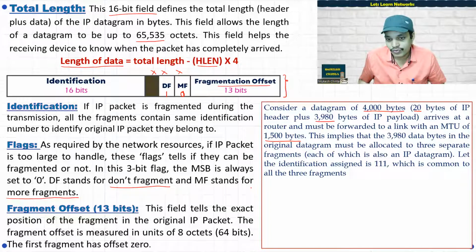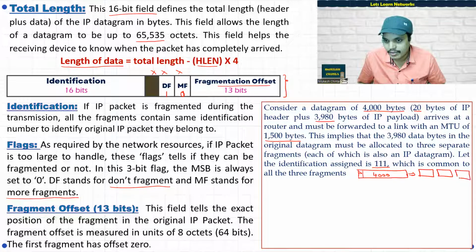For those 3 fragments, let us assume that the identification number is 111. So I now have one big packet of 4000 bytes, which includes the 20 bytes of header. This I have broken up into 3 pieces: piece 1, piece 2, and piece 3. Let me call them fragments.